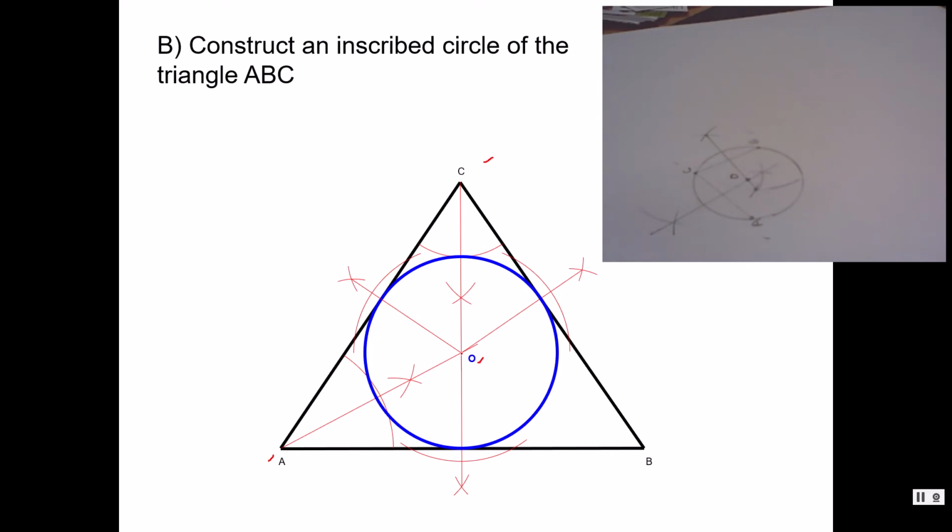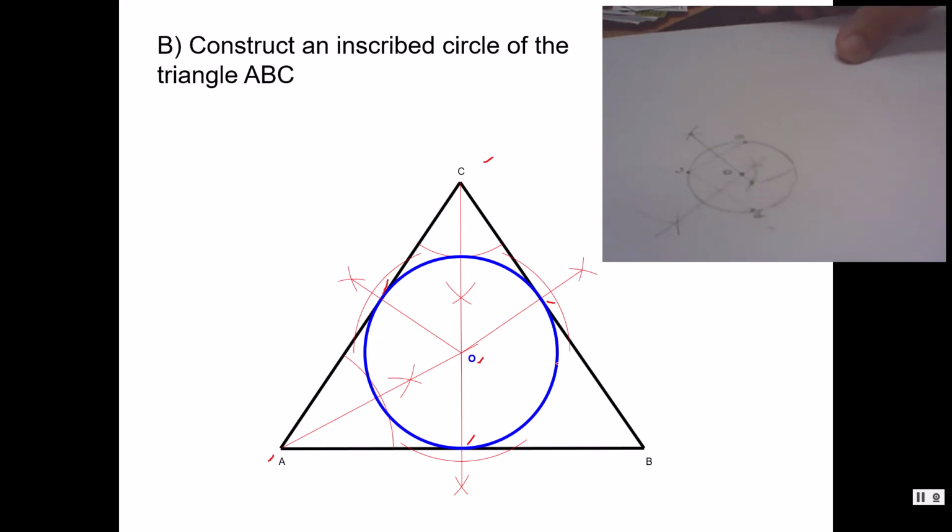And then after we got the center point, we want to know what is the point that the circle will touch on the line of the triangle. So that's why we have this point and this point before we can draw the circle.